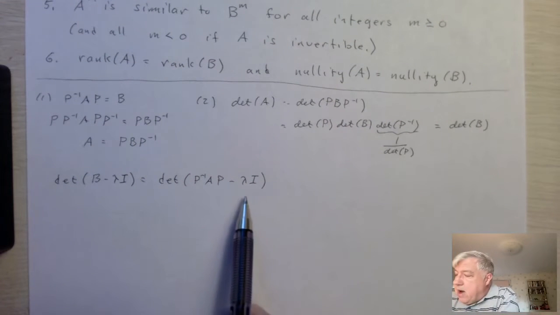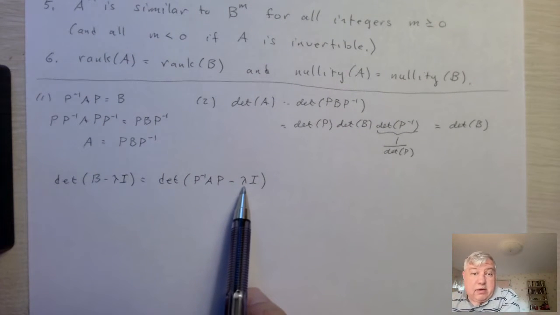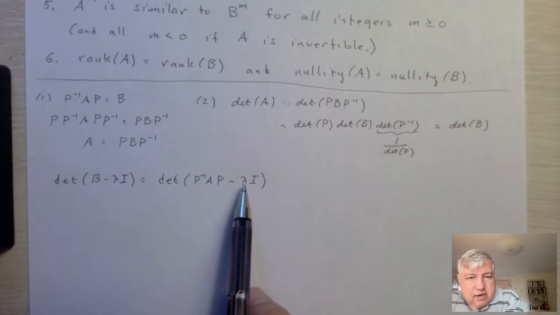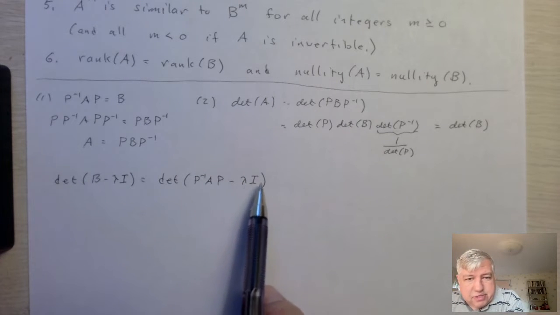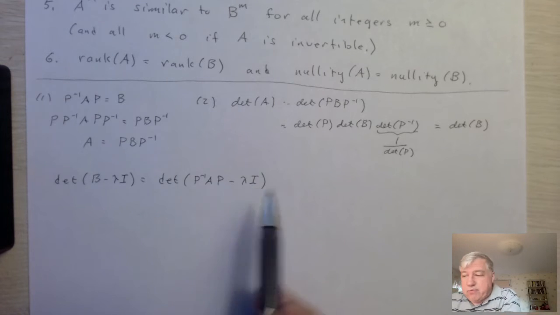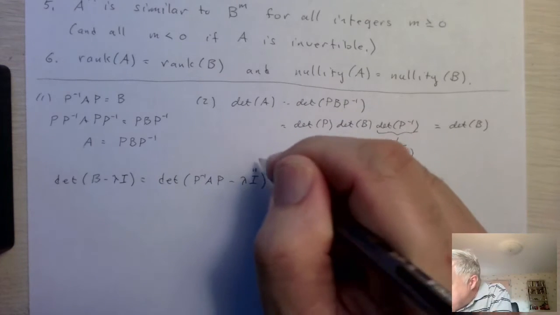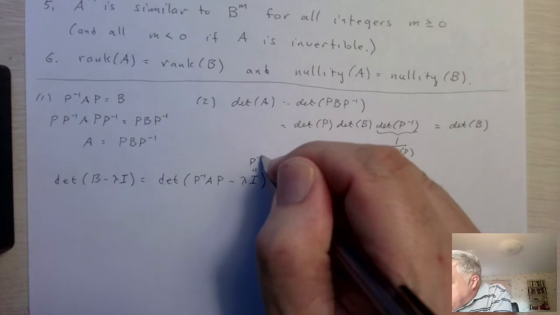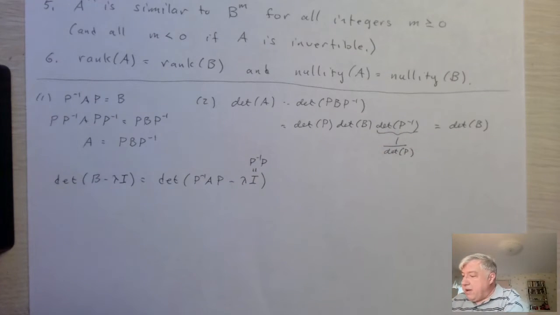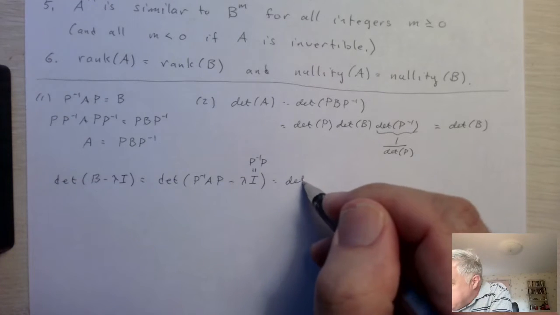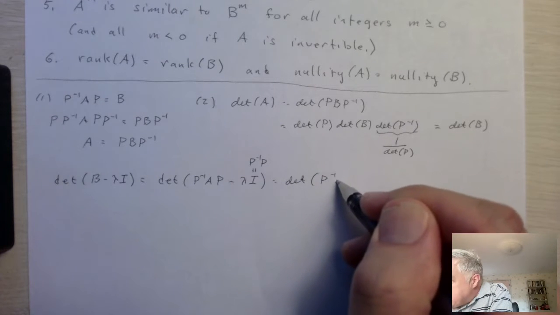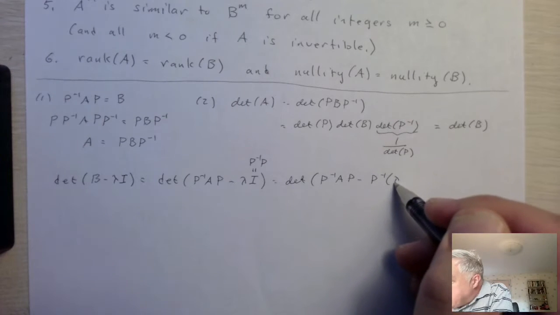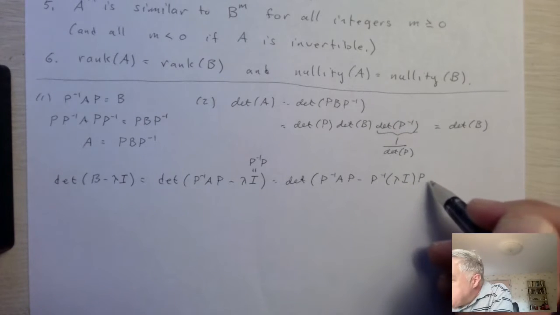We can treat this lambda as a variable, but it's also a scalar. It's not a matrix. So really we just have the identity matrix, and we can write this identity matrix as P inverse P as well. In fact, this will be the determinant of P inverse AP minus P inverse lambda I P.